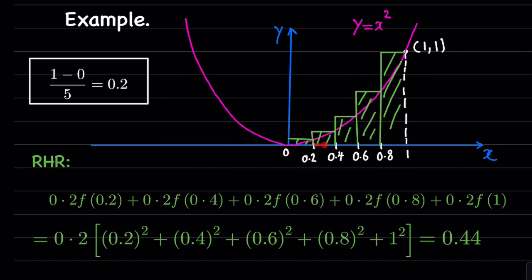Again, for the next subinterval, I'm going to use the height of the rectangle to be the value of the function at the right-hand side. So it's going to be this. Similarly, for this subinterval, the height of the rectangle is the value of the function at the right-hand side of the interval, which is 0.6.